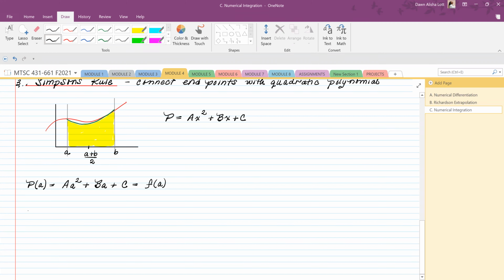And p of (a plus b) over 2 is capital A times ((a plus b) over 2) squared plus capital B times (a plus b) over 2 plus capital C, and that has to equal f of (a plus b) over 2.